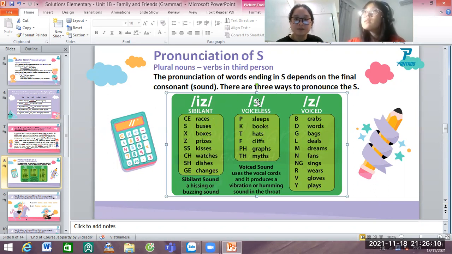Okay, the second one, we have the S, which is P, K, T, F. The first one, sleeps, books, hats, leaves, glyphs, graphs, myths.